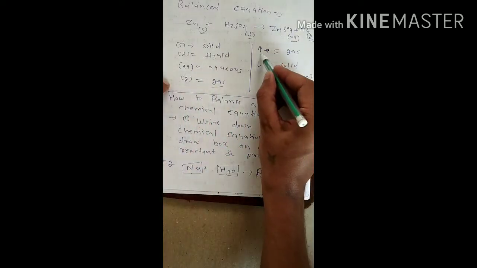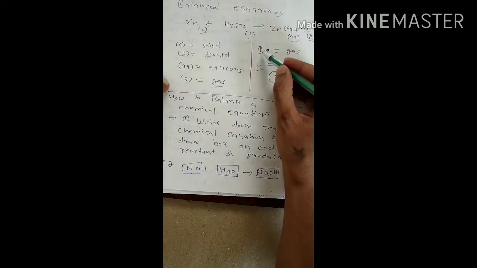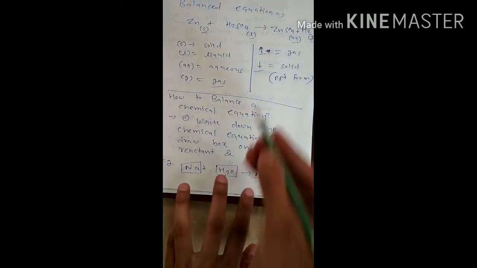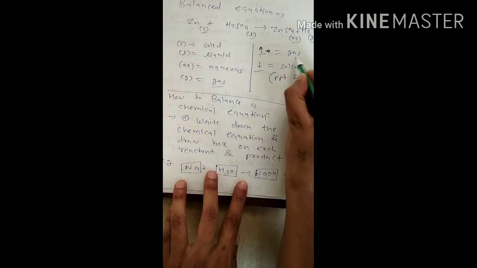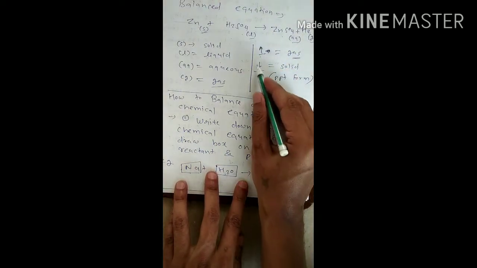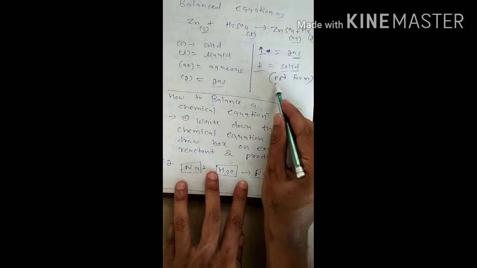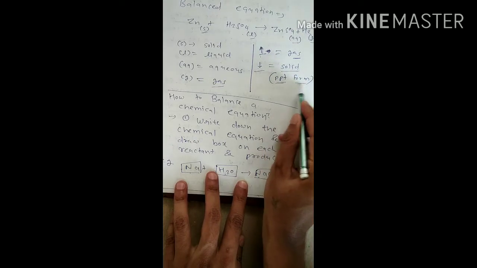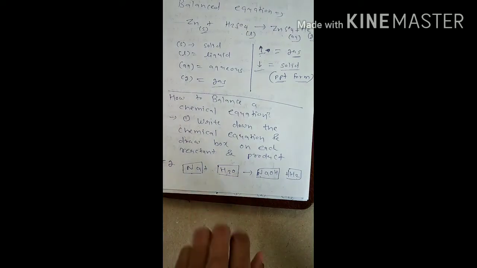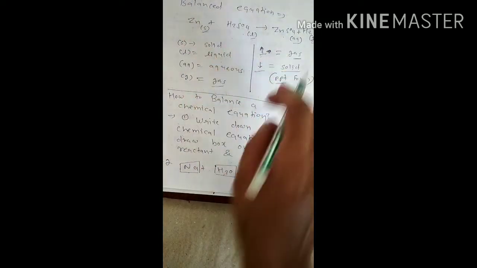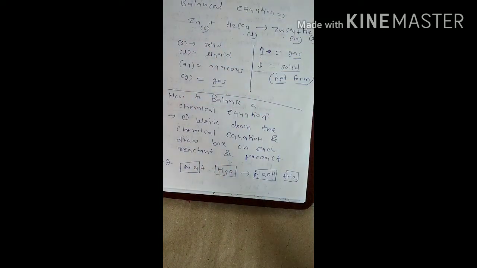Now there might be these two types of arrows in your equation. An upward arrow shows gaseous condition and a downward arrow shows solid form or precipitate form. Formation of a precipitate is indicated by a downward arrow. So you have to remember these terms to write the full complete reaction.